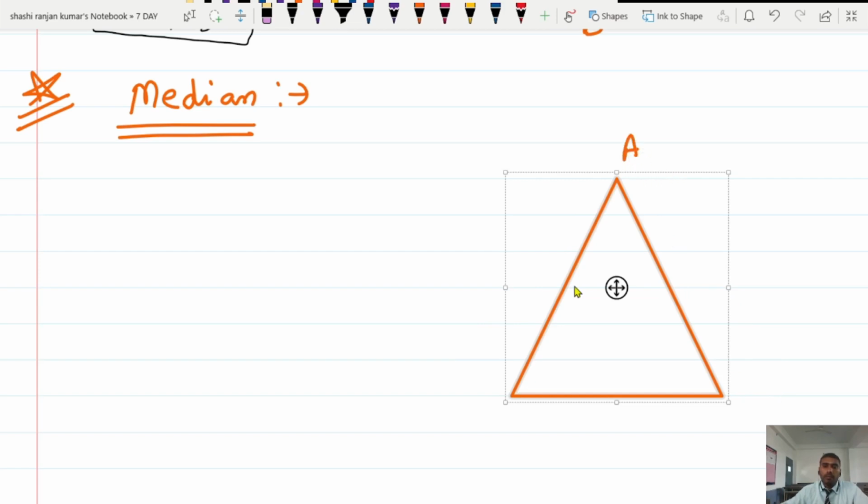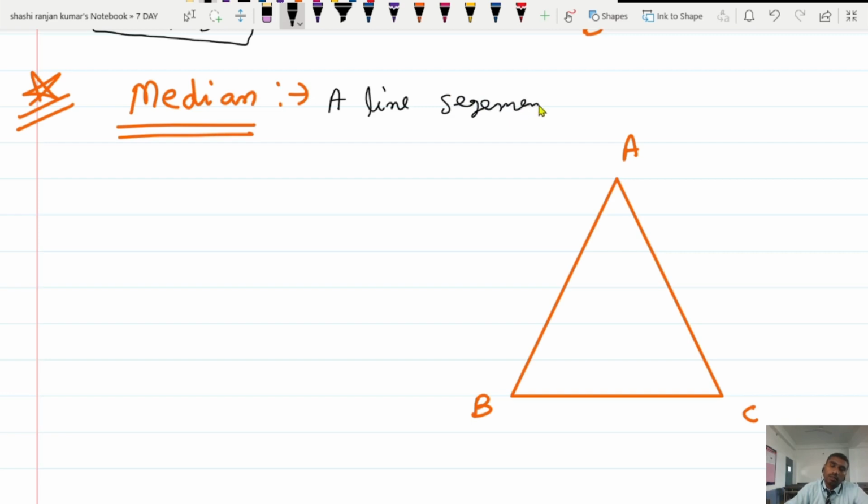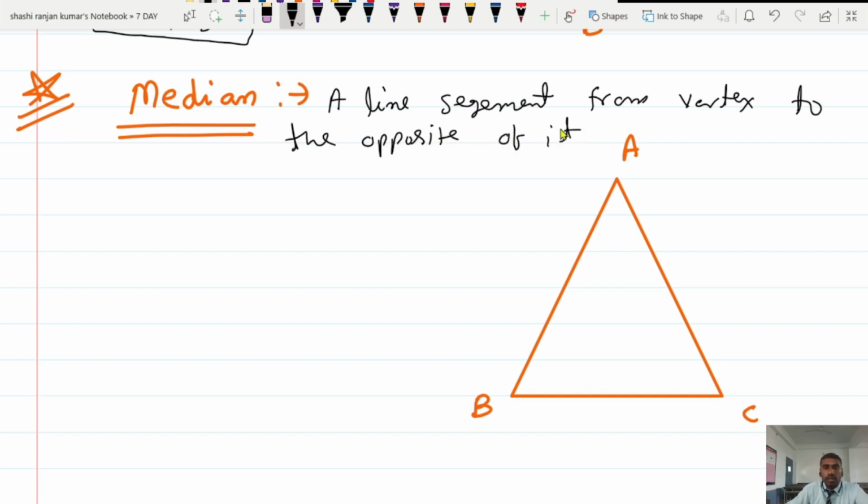This is the point A, this is the point B, and this is the point C. The median of a triangle is a line segment from a vertex to the opposite side that divides the side into two equal parts.